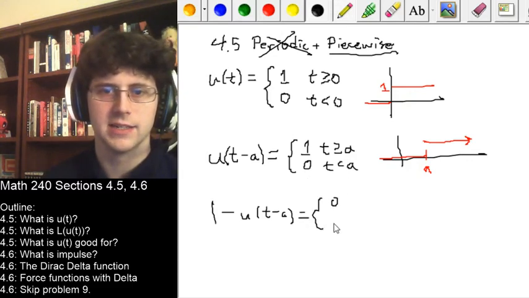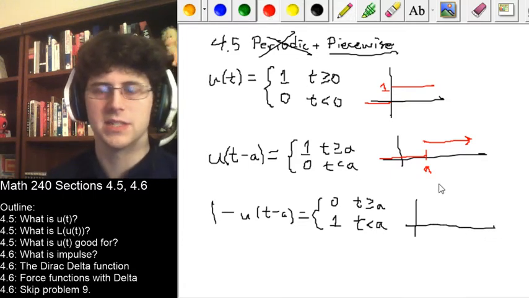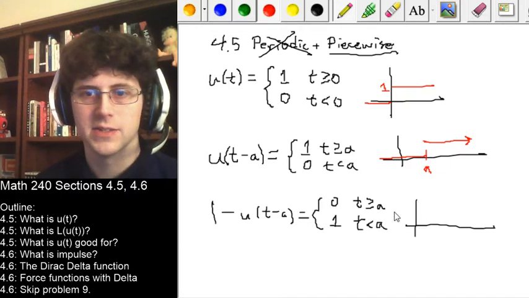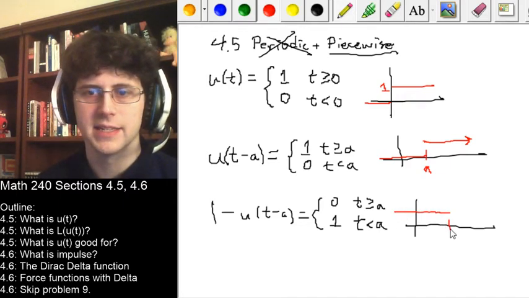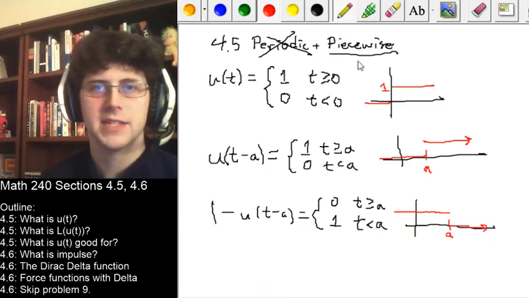It starts off 1 for low values, and then it turns into 0 later. So we're going to need some switches that turn on and some switches that turn off in order to handle piecewise functions. This one's 1 for a long time, and then suddenly at time a it turns off. Okay, so that's u of t.